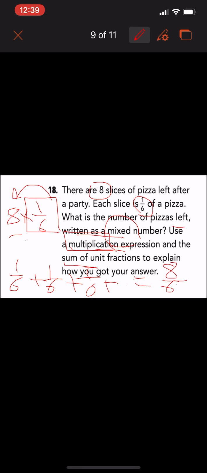How is that? I will take my improper fraction here. Do you remember our lesson before? So this is an improper fraction. I can write it as a mixed number. I will show you here how we write it as a mixed number. 8 out of 6. So I will see how many 6s are in the 8.